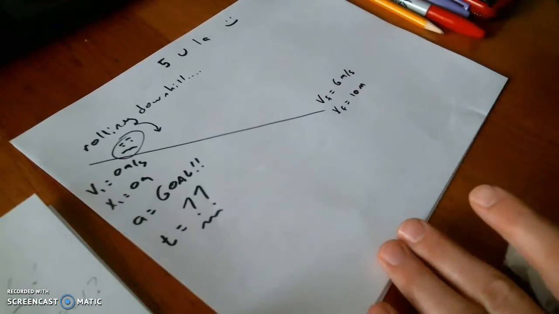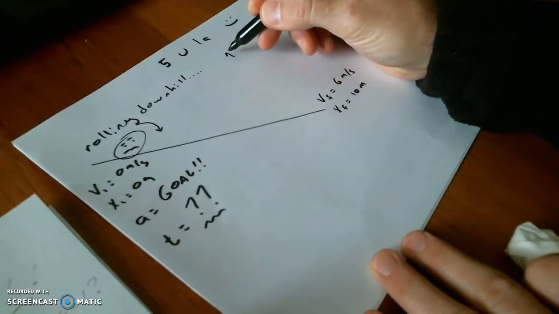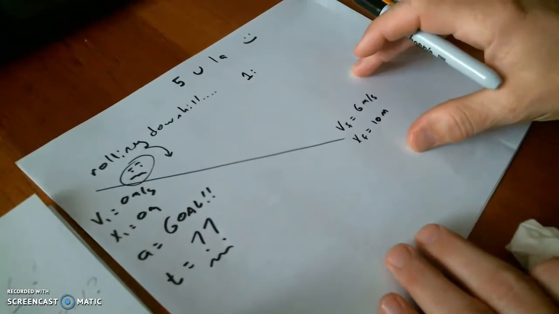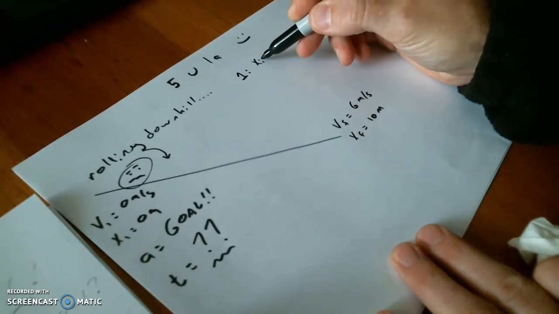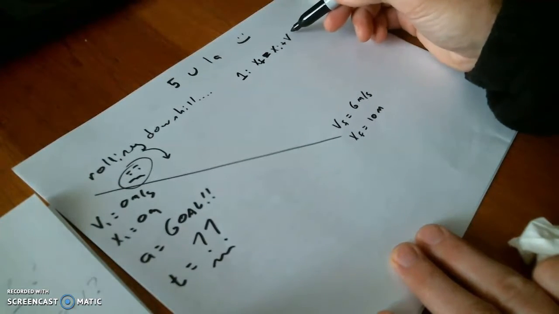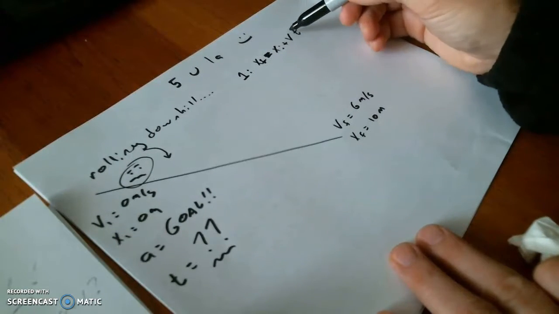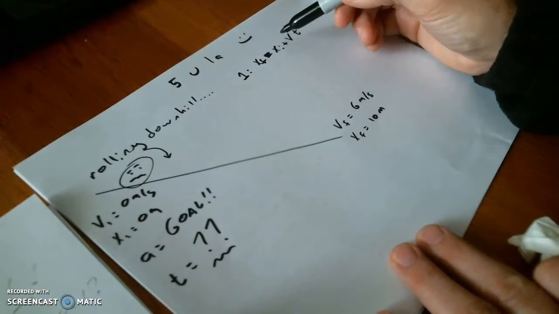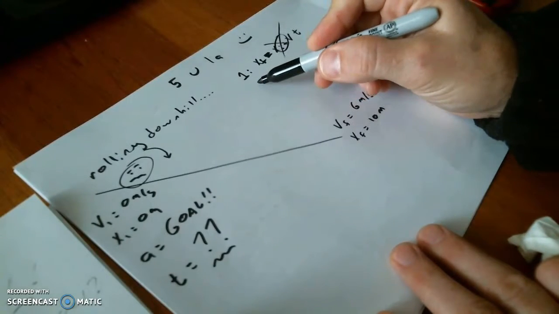is list the formulas that you know and see if any one of these could answer the question. You have XF is equal to XI plus VT. Again, this is only true if you're not accelerating, and so this can't be the formula.